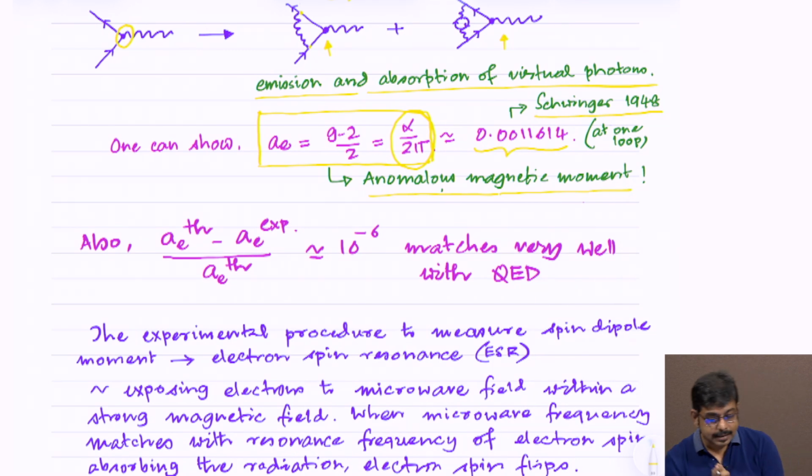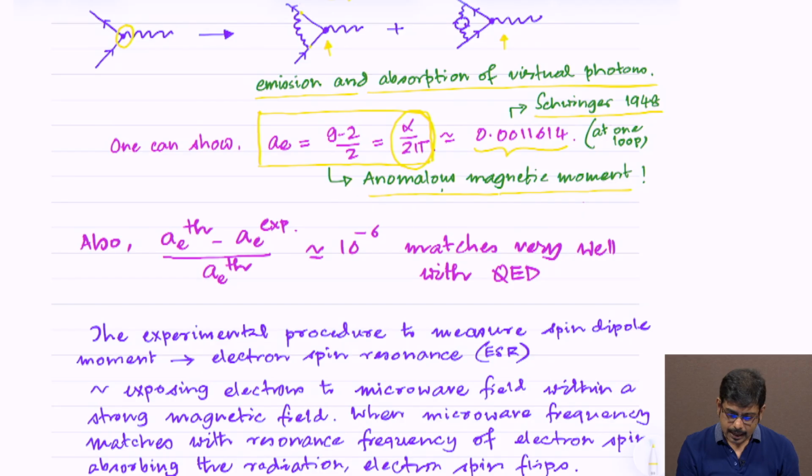We are saying that QED allows the electrons to interact with the photon, and that interaction gives rise to the spin magnetic moment, which tells you that the spin g factor must be equal to 2.